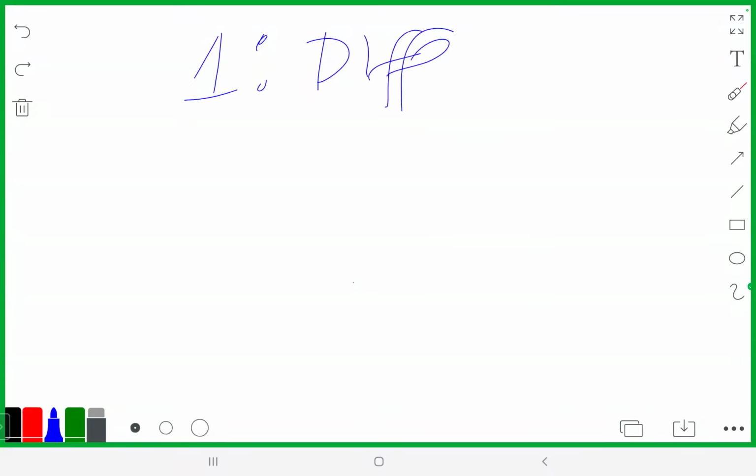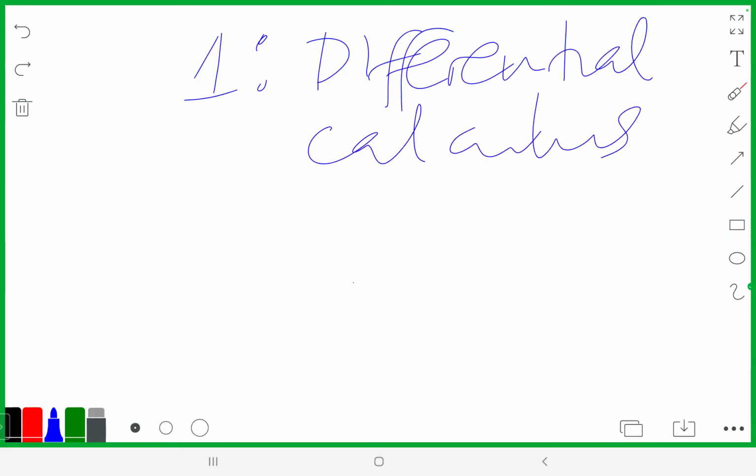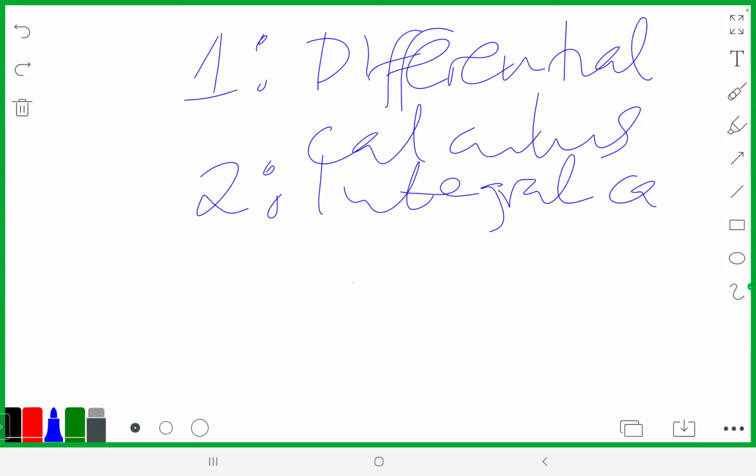So number one, you have what is known as differential calculus. And then from there, you have integral calculus, where you're integrating the equations.